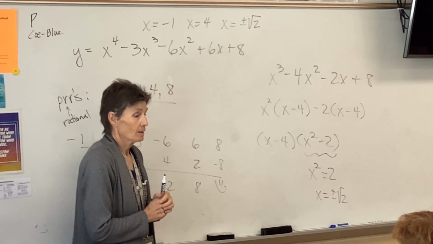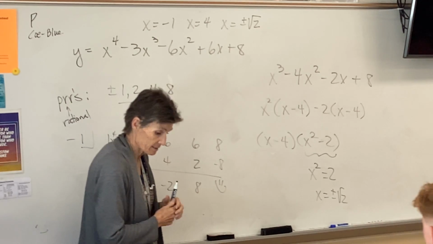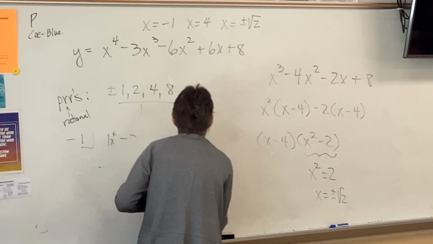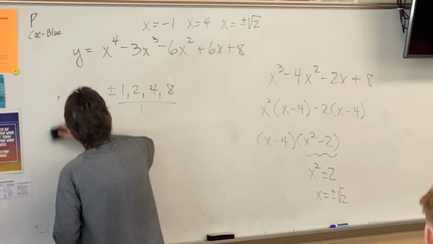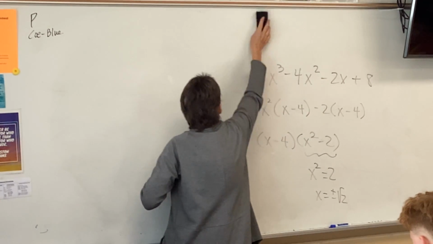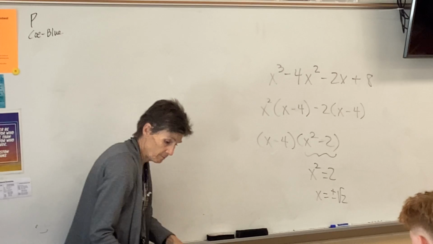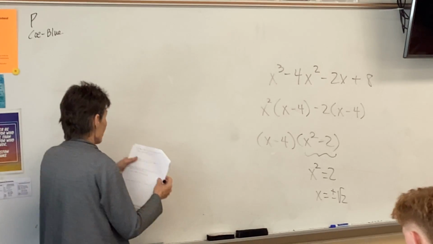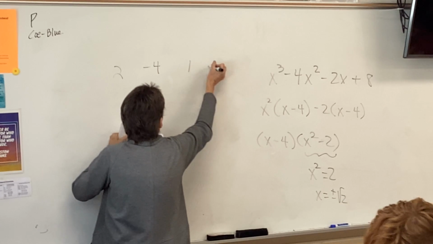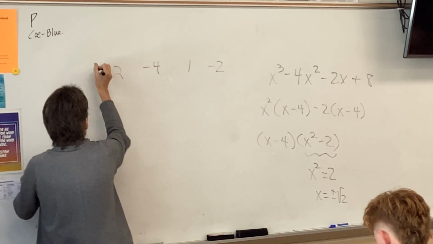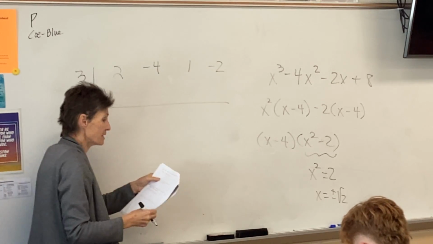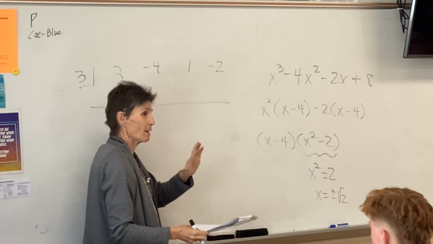Okay, all right, so here we go, number 6, a new vocabulary word. Here is what I want you to do. I want you to do a synthetic division with problem 6, and I want you to put 3 in the box. So they're asking you to show that 3 is an upper bound.